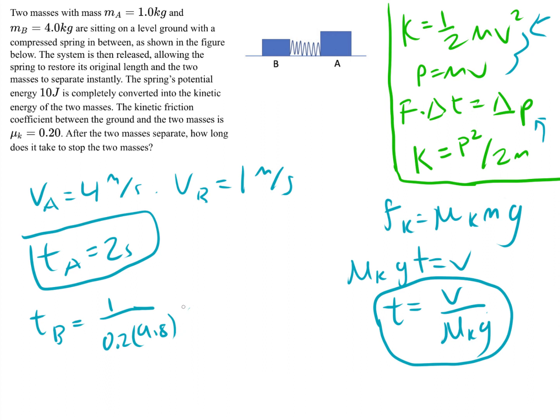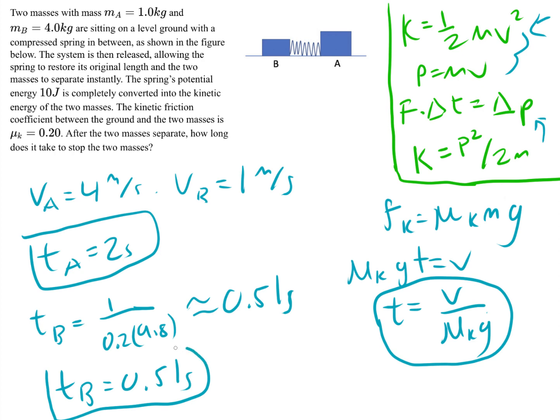And this will get you about 0.51 seconds. So the time it takes for B to stop is equal to 0.51 seconds. And that is how long it will take both of the masses to stop.